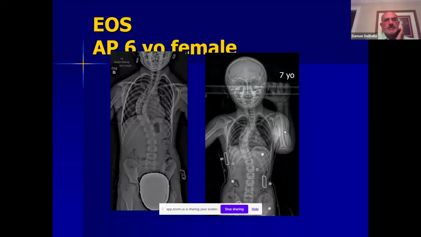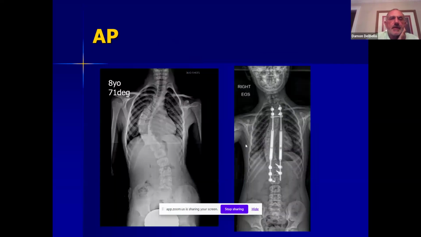Early onset scoliosis. Here's a child who at 7 years old was failing their brace and progressing. Went up to 71 degrees at only 8 years of age. So I put in a device called MAGEC, M-A-G-E-C. This is an expandable rod. It's a growth rod.